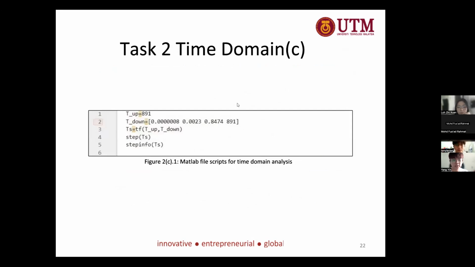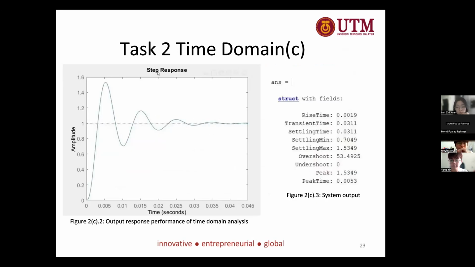Going to task 2C, we need to do the time domain analysis. So we perform the open loop transfer function using MATLAB coding, and also we use the stepinfo function. This is the step response graph we get, and also the output parameters here. We can see here the settling time is 0.03 second and the overshoot is around 54%.